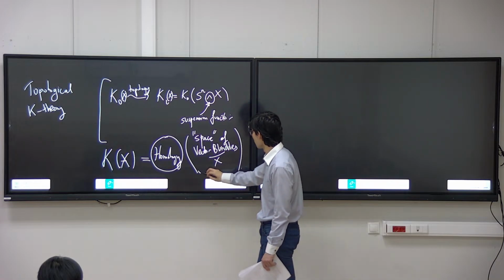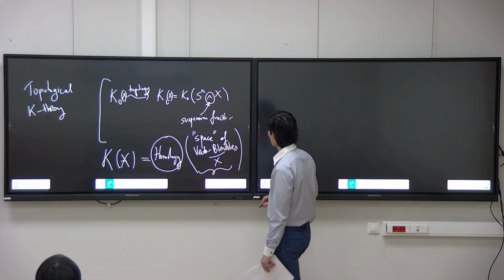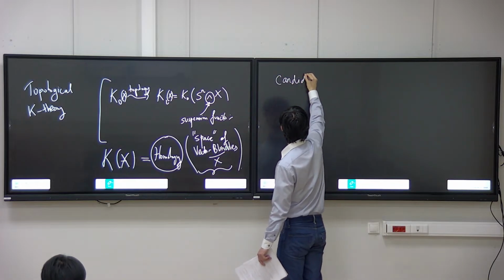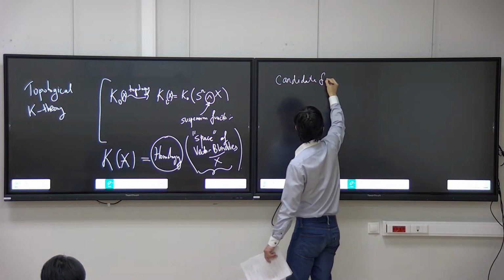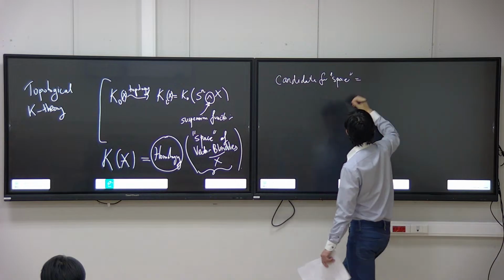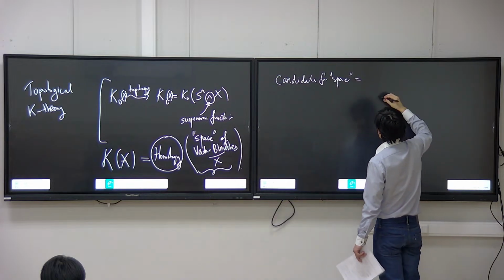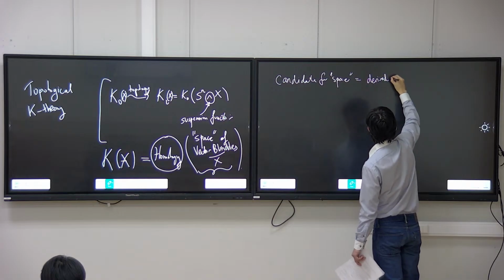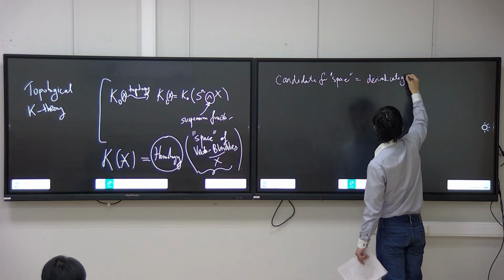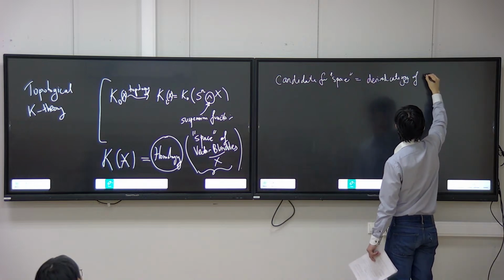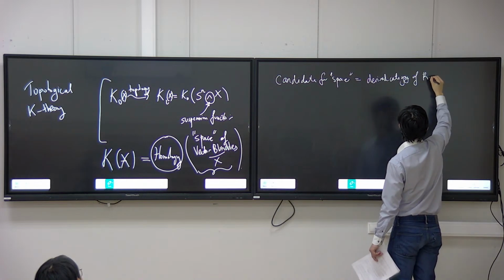One candidate for what this space should be is something like the derived category of maybe R modules.